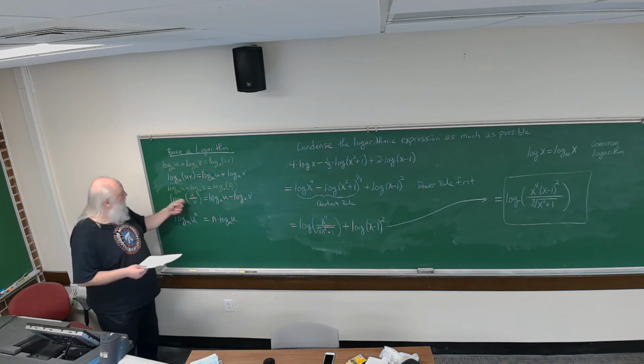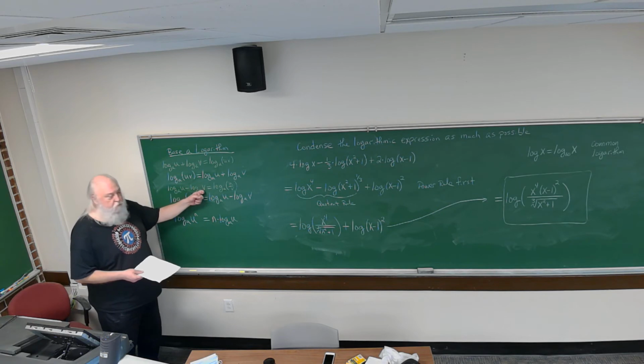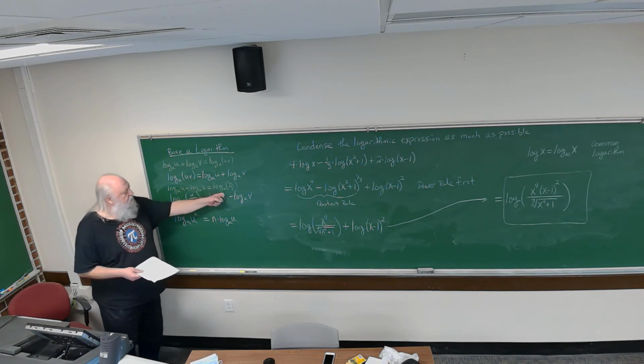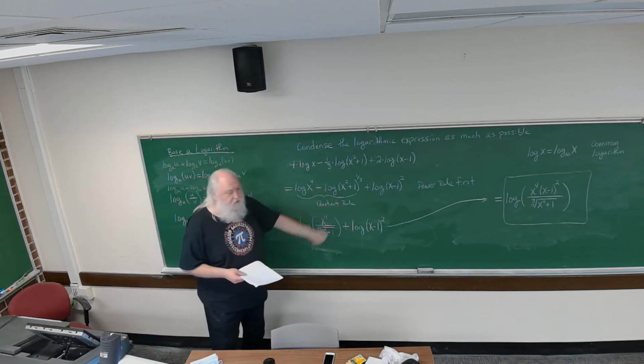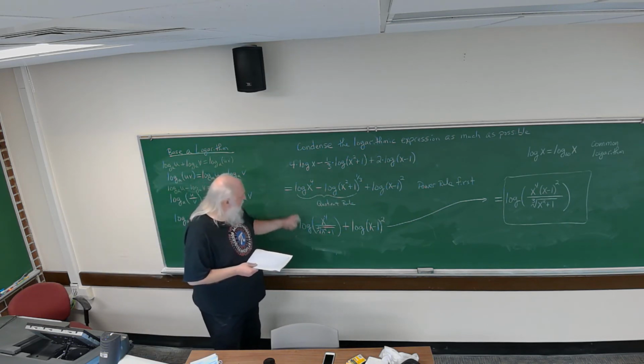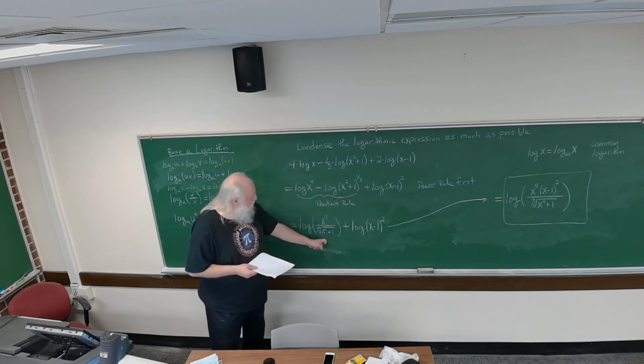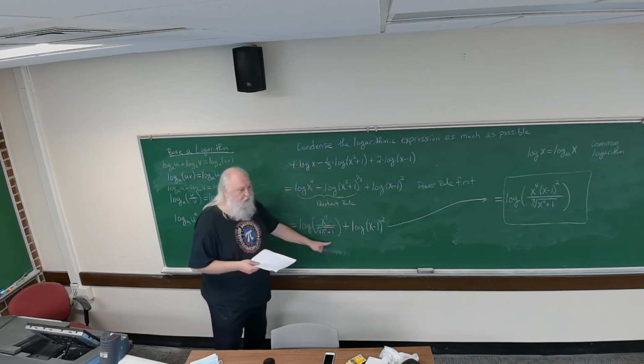Here in yellow, we've got log base a of u minus log base a of v, the quotient rule, is equal to log base a of u over v. So we can rewrite this difference in 2 logarithms as the log of x to the 4th over x squared plus 1 to the 1/3 power.